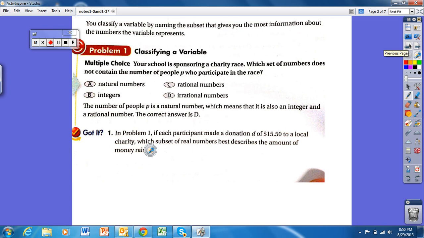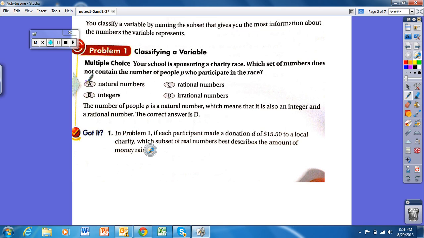You classify a variable by naming the subset that gives you the most information about the numbers that the variable represents. So if your school is sponsoring a charity race, which set of numbers does not contain the number of people P who participate in the race? Think about what your answer would be for P. It would be the natural numbers, right?